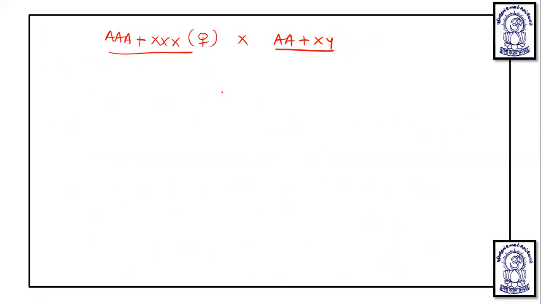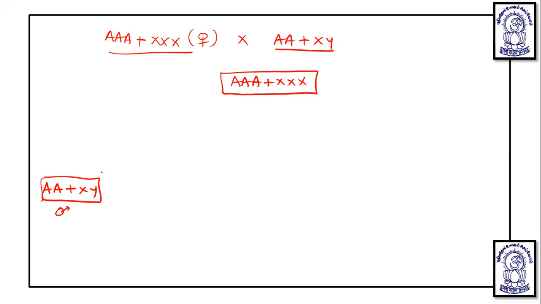To understand this, I am taking the triploid female here, and I make its gametes. On this side, I take the diploid male.